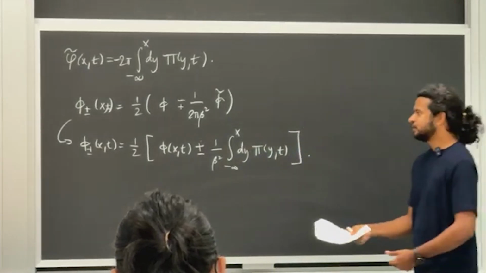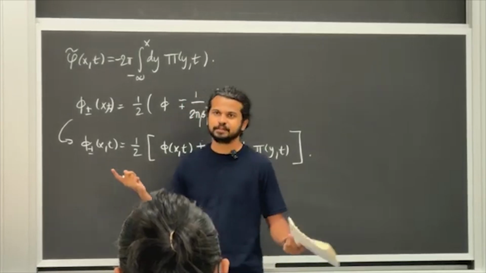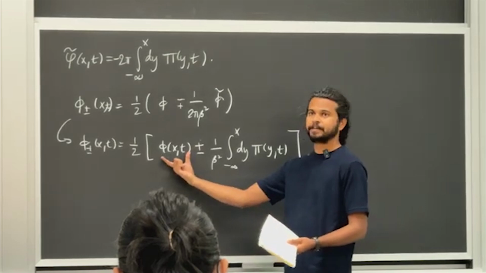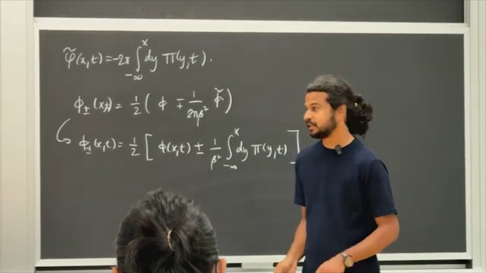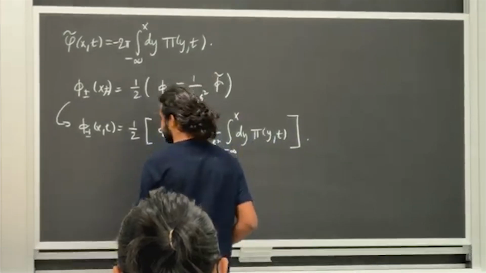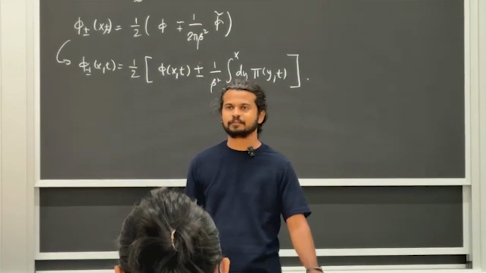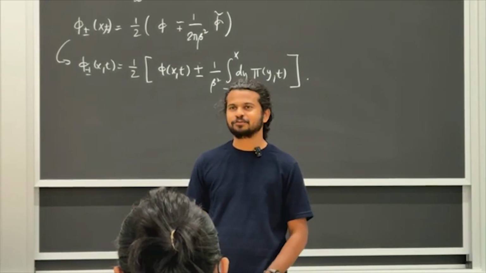Now I can evaluate commutators between phi plus and phi minus. Why? Because all I need is a commutator between pi and phi, but that's what canonical quantization gives us, right? Any questions so far? I know that it's a bit dry algebra, but you have to do it.